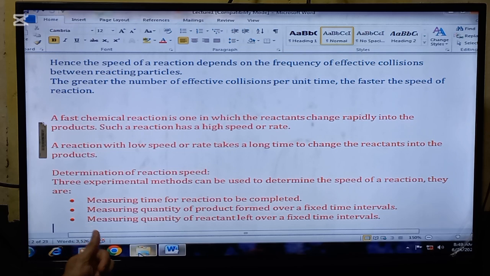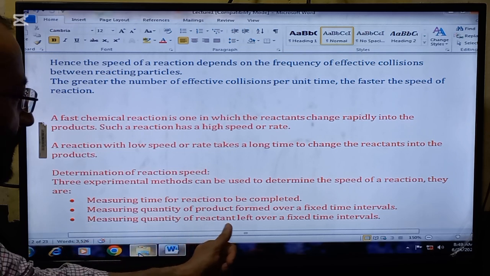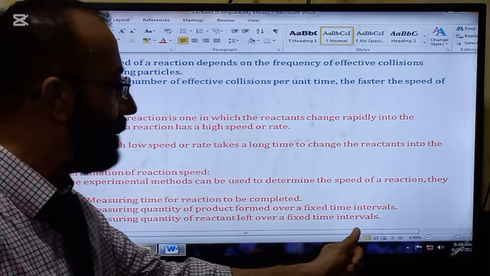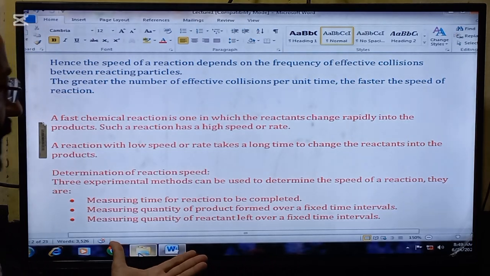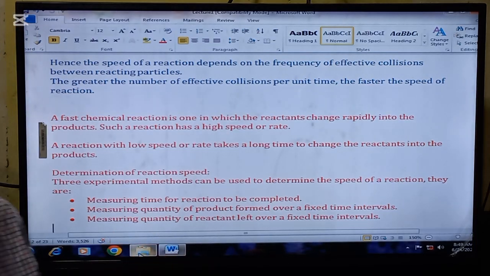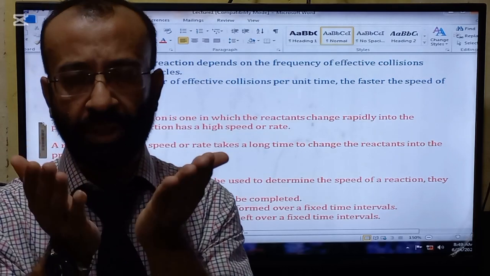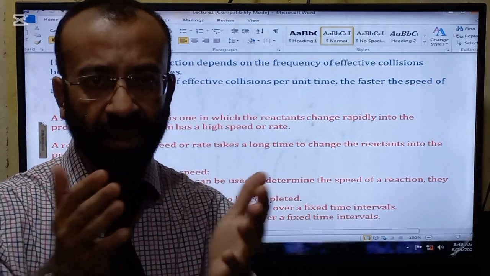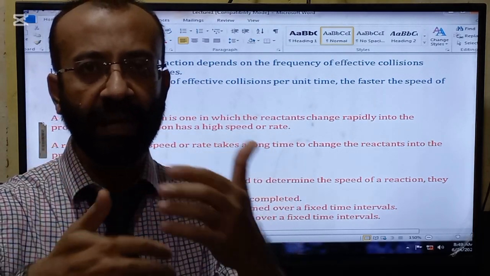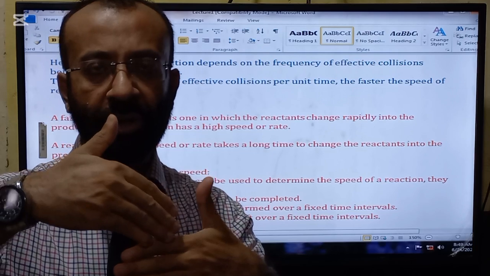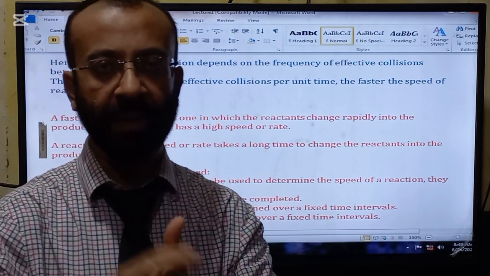Number three method is measuring quantity of the reactant left over a fixed time interval. So definitely this is the third method. A chemical reaction is a process in which reactant particles collide with one another, react with one another to transform into the products.